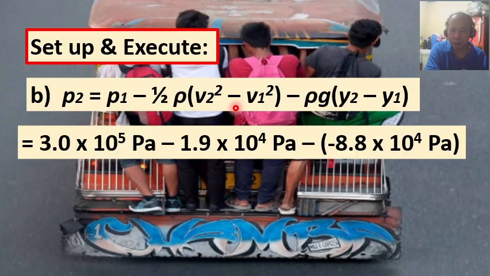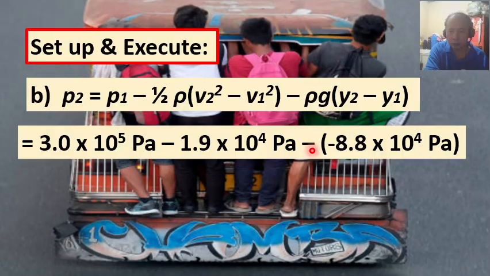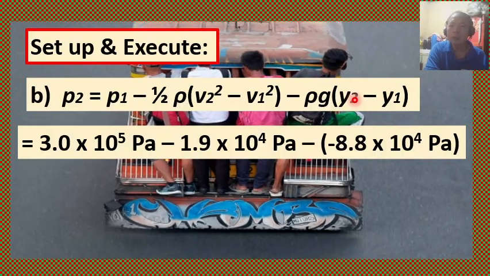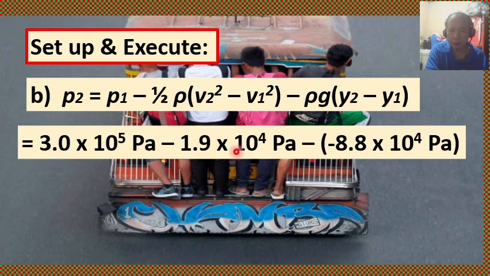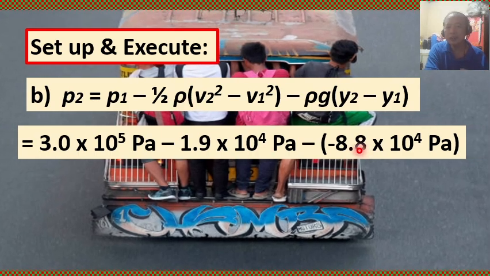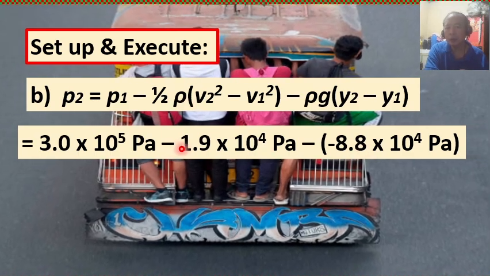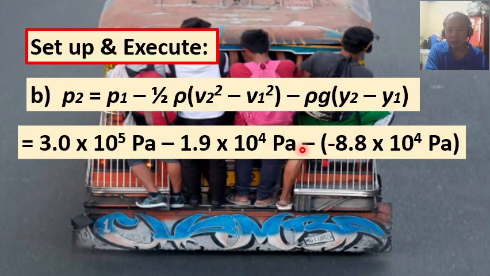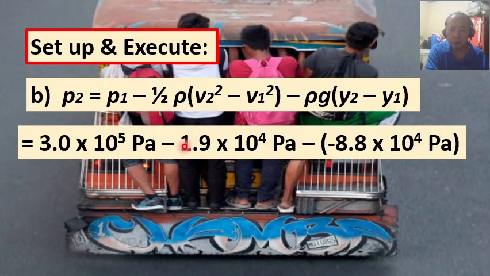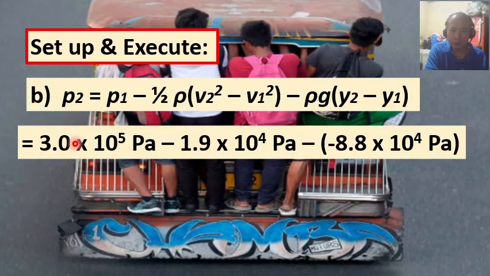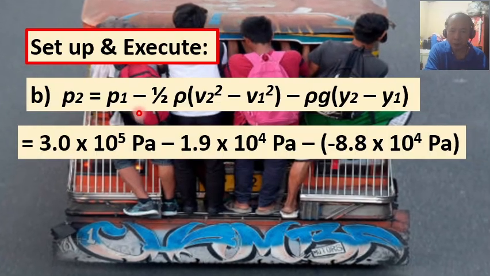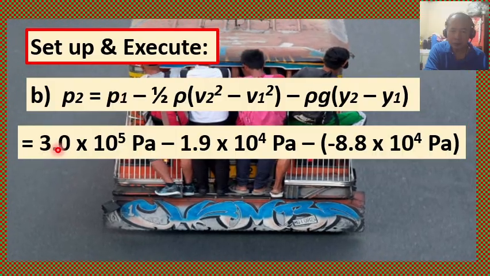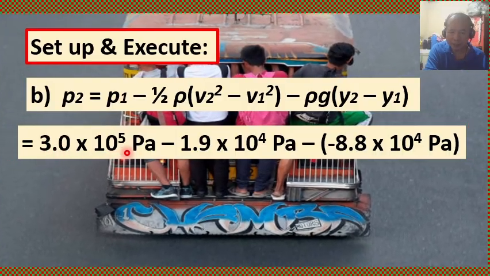But in our Bernoulli equation, take note that both of these pressures are to be deducted, hence the minus signs that we have here, to be deducted from the pressure P1, which is 3.0 times 10 to the 5th power Pascal.